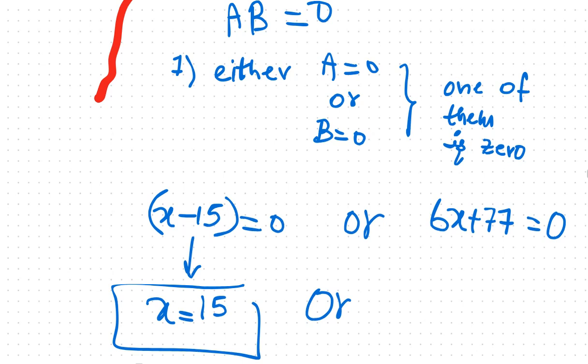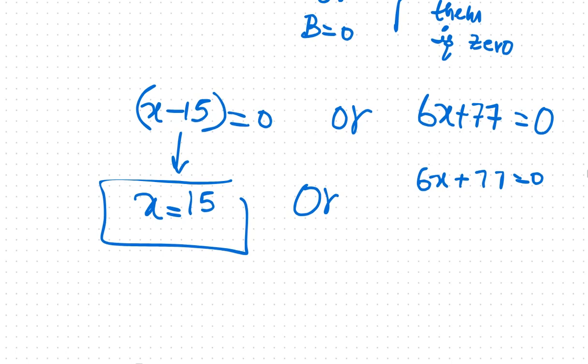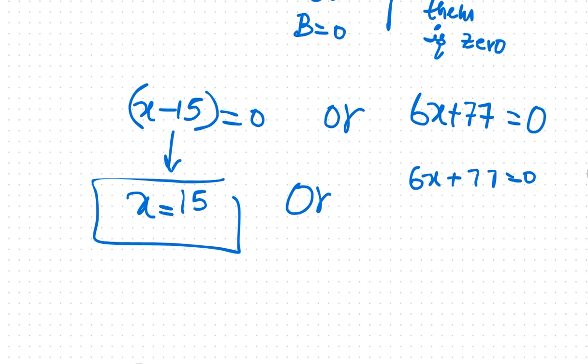6x plus 77 is 0. To solve this question, I have to isolate the variable.